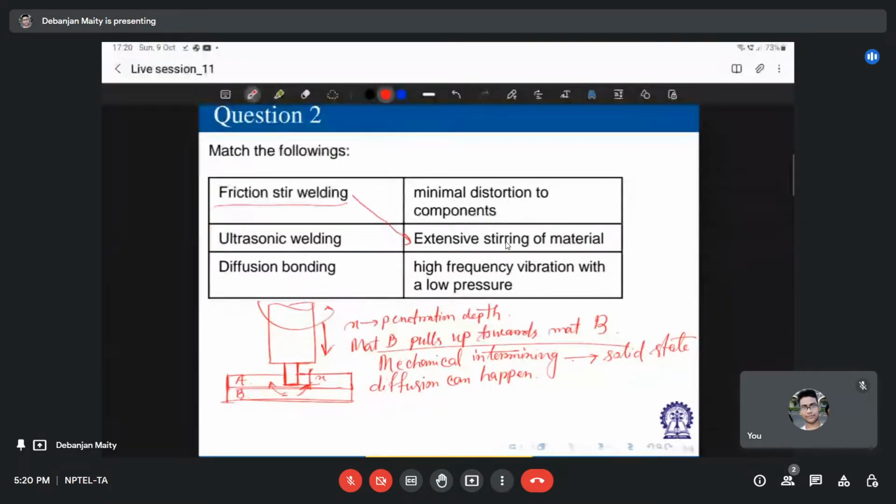So if you see in ultrasonic welding, there will be some kind of geometry.